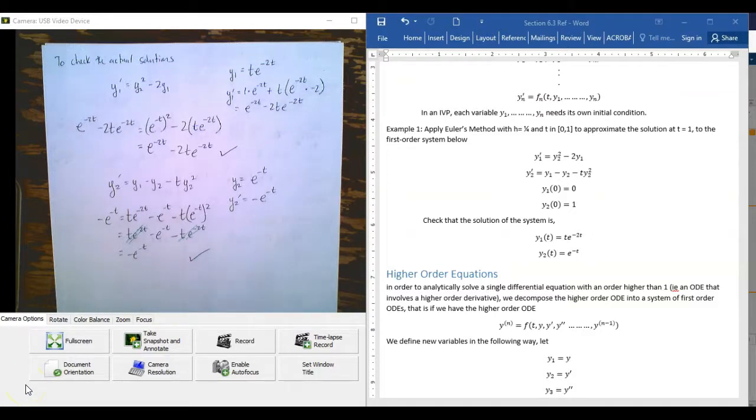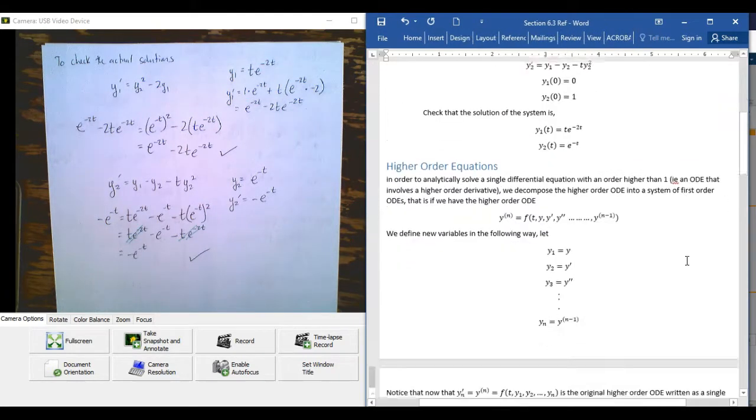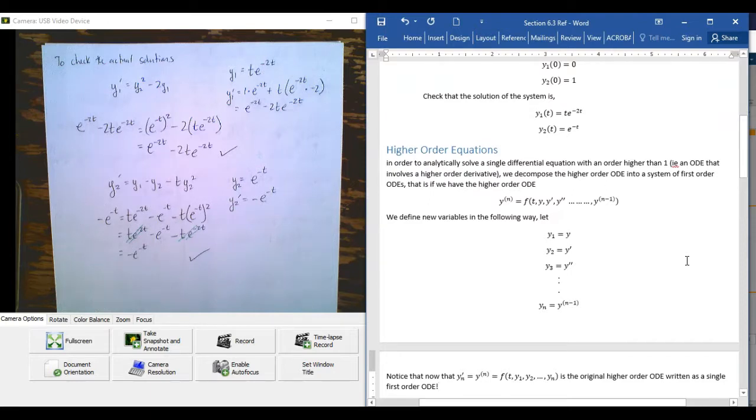Now, ordinary differential equations can also be used without being given a system. We can actually decompose a higher order ODE into a system of first order ODEs, right? A higher order ODE just means that there are higher order derivatives in the equation, like a y double prime, or y triple prime, or y quadruple prime, whatever.